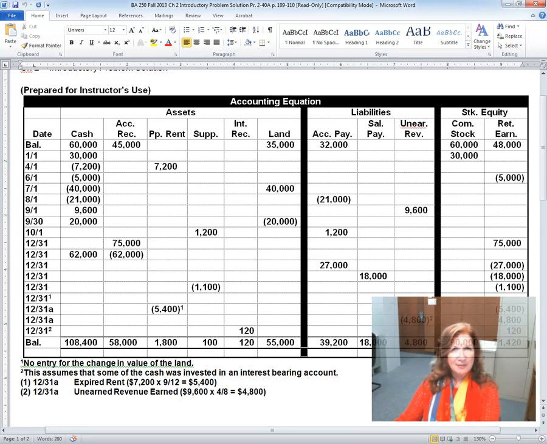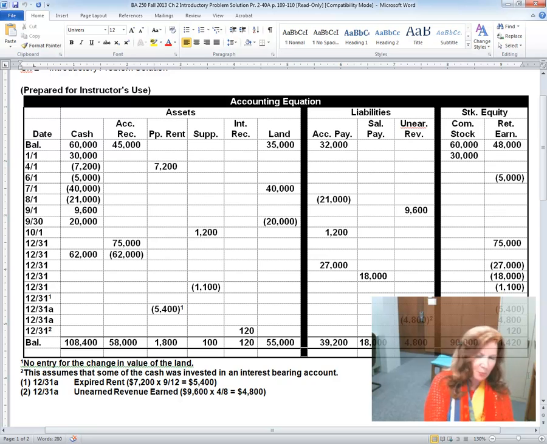Now, this problem isn't quite over yet, because it's got quite a little laundry list of questions that I want you to be thinking about and recognizing that you could learn this information from these worksheets. Based on the preceding information, answer the following questions.